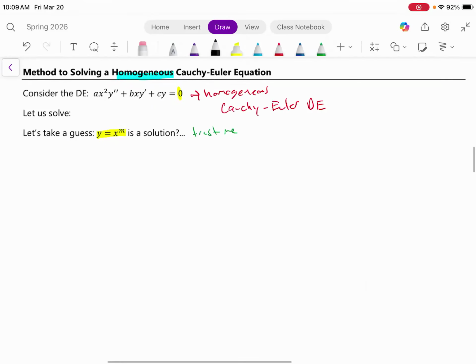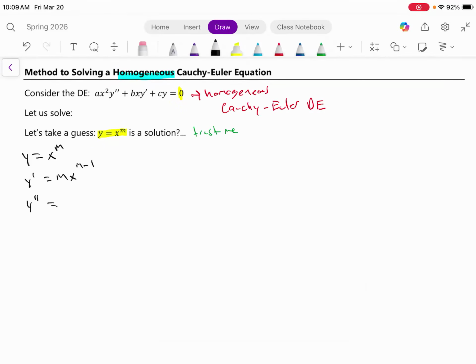So I want to use y equals x to the m, and I want to plug this into my differential equation. So I need a first and a second derivative. The first derivative, using the power rule, bring down the m: we have m times x to the m minus 1. And then the second derivative would be m times m minus 1, x to the m minus 2. Okay, so we take our derivatives and then we plug into our differential equation.